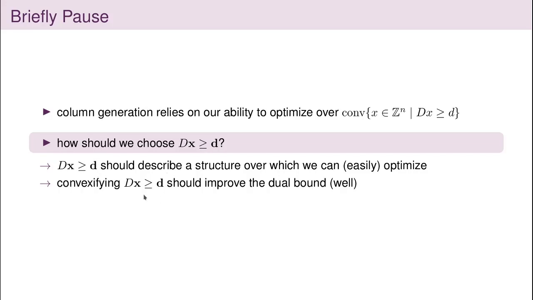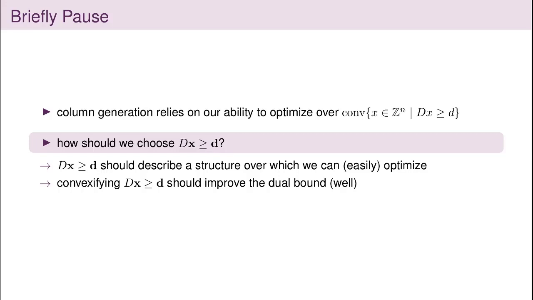And on the other hand, for helping the LP relaxation, it should be some set where the dual bound from the reformulation actually improves, so that the convexification of the integer feasible points for this set gives us something stronger than the LP relaxation alone. Okay, so this should guide how we select the subset, what should go into the pricing problem.